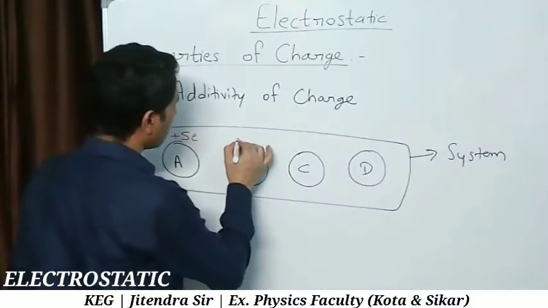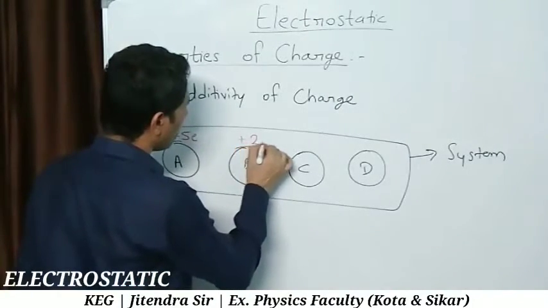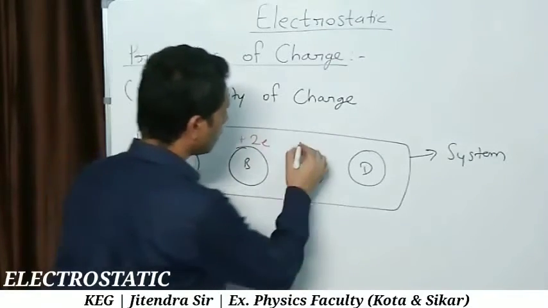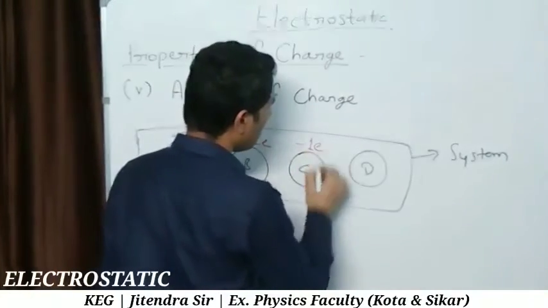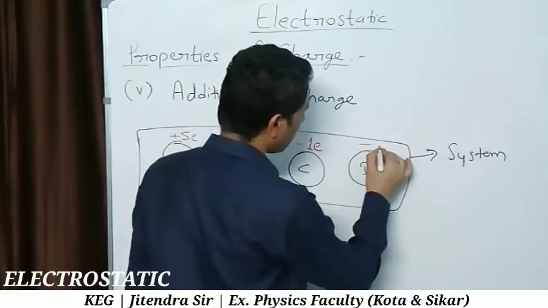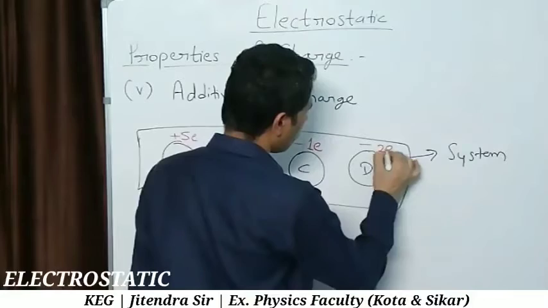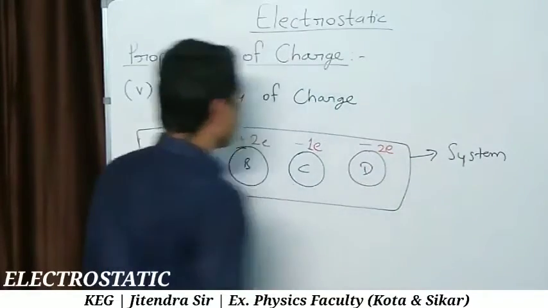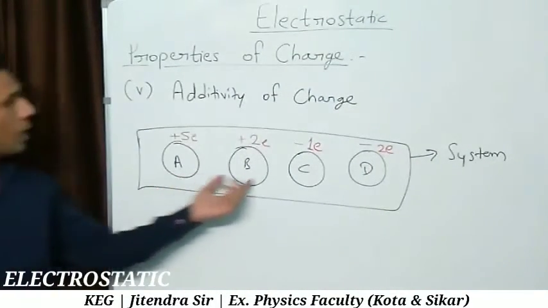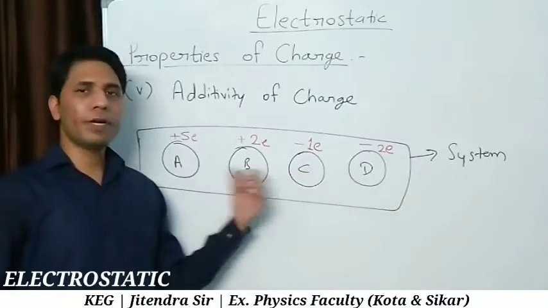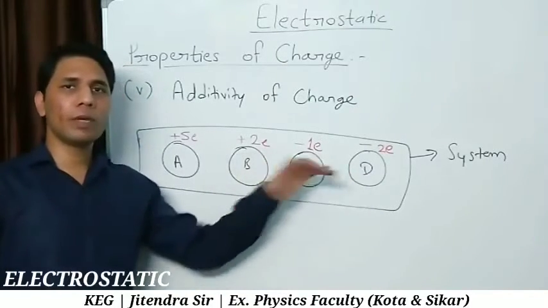Here the charge is plus 2E. Here the charge is minus 1E, and here the charge is minus 2E. Is it clear? There are different values of charge on individual particles.